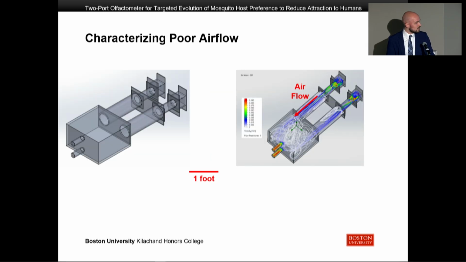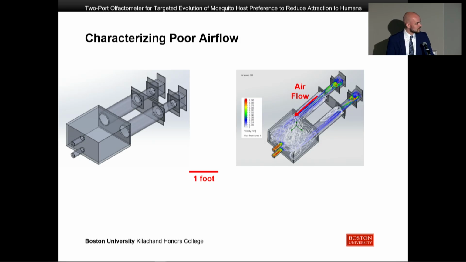So to characterize that poor airflow, I modeled this real-life olfactometer in a CAD software called SolidWorks. And SolidWorks has this funky little tool where you can simulate airflow through a body, and you're seeing what that looks like on the right.